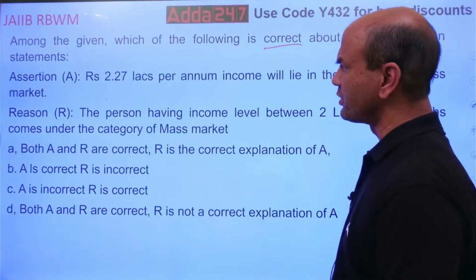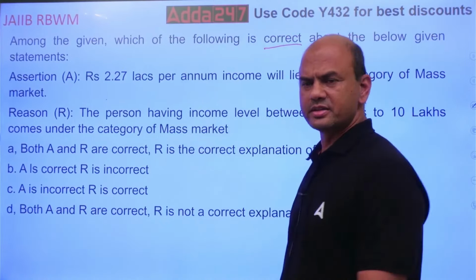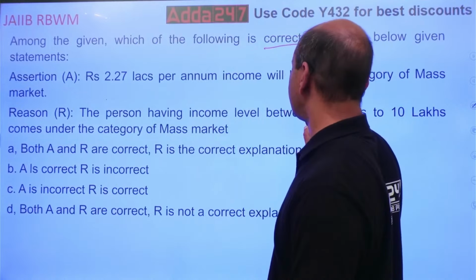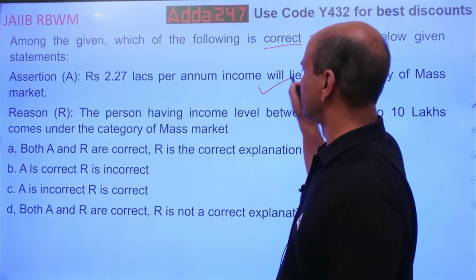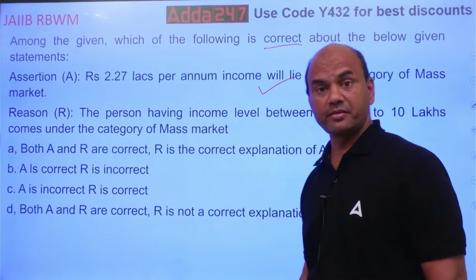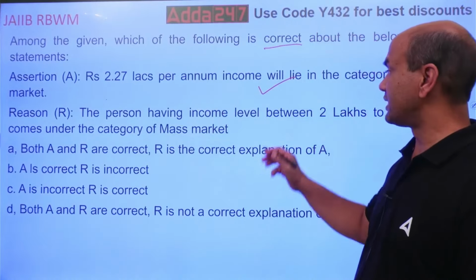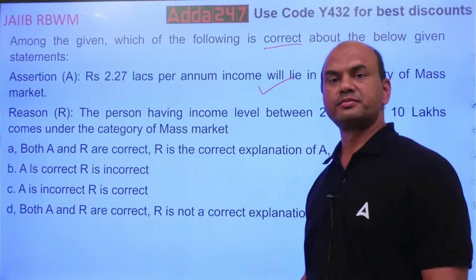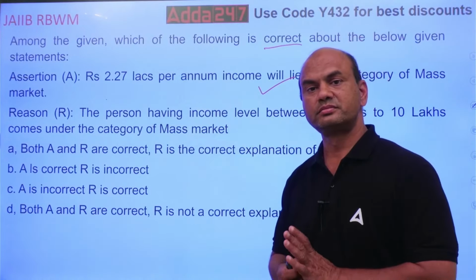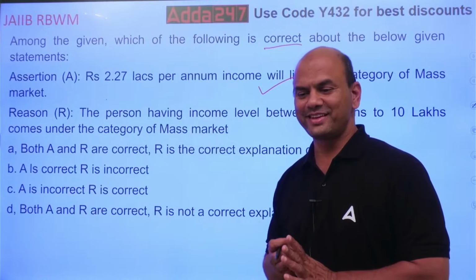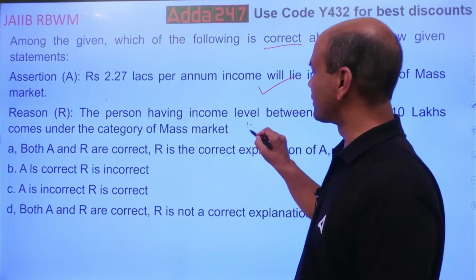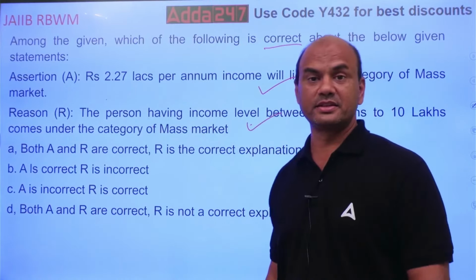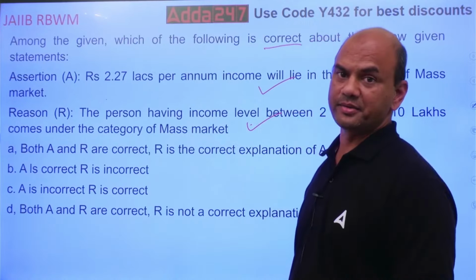I have taken this topic or a similar one earlier. Kindly note. So this is right. What about R? A person having an income of 2 to 10 lakhs lies in the mass market category. Yeah, this is also true.